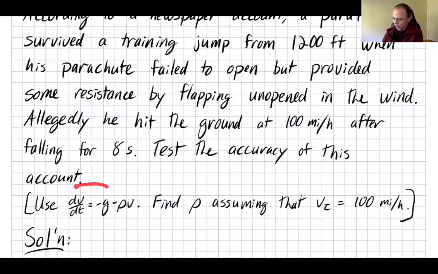So our model for vertical motion, we'll use this one because this is not really fast enough to have to worry about using the more complicated model for air resistance. So we'll use this simple model, and we will determine this drag coefficient, assuming that his terminal velocity was 100 miles per hour.